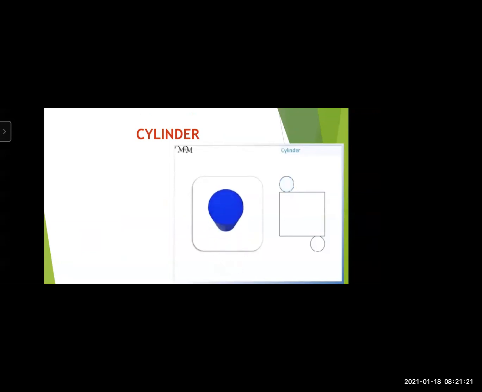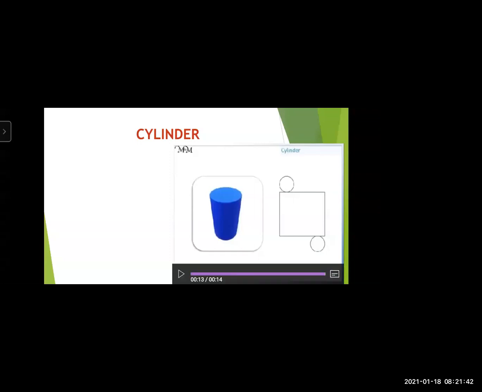See here, circle. Here, once again circle. Means to both the ends, to the top and to the bottom, there is a circle. And in the middle, the curved surface, there is another shape. Let's see once again.